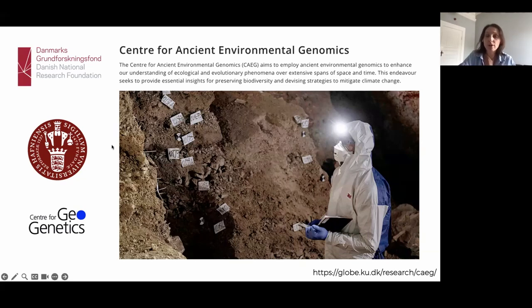And we are also applying ancient environmental DNA methods to answer very different questions, from the resilience of wild ecosystems to evolutionary histories of humans and pathogens, all the way to trying to develop more resilient crops for the upcoming climate change. We are very interested in collaborating with scientists across different disciplines.